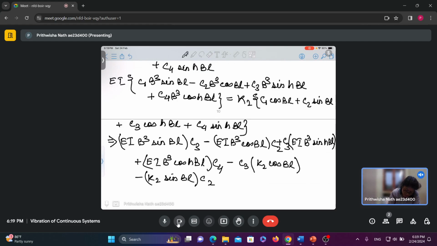C3 I'll keep as it is, C3 K2 cos hyperbolic beta L, minus C4 K2 sine hyperbolic beta L.